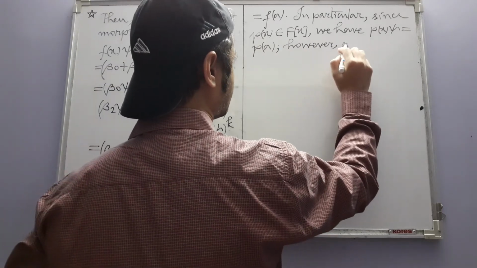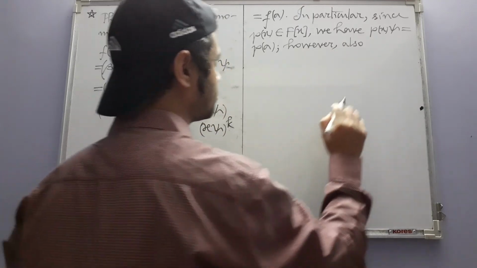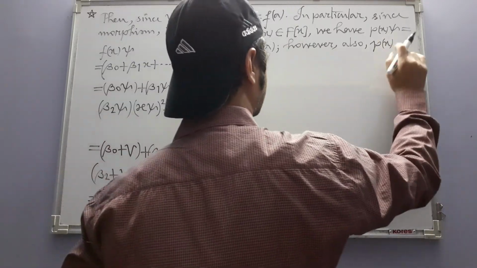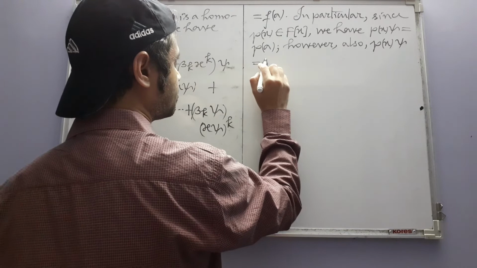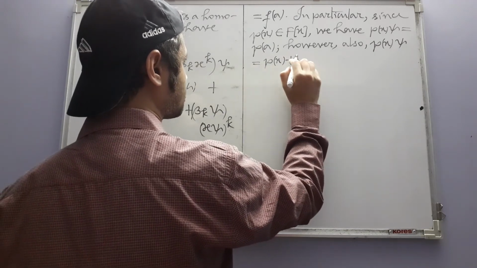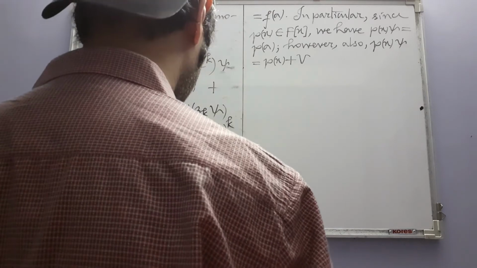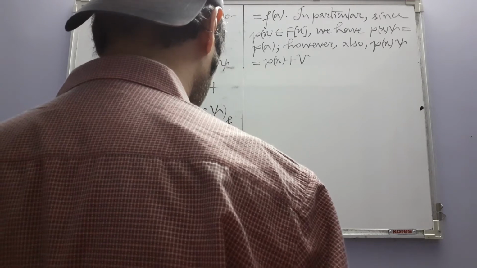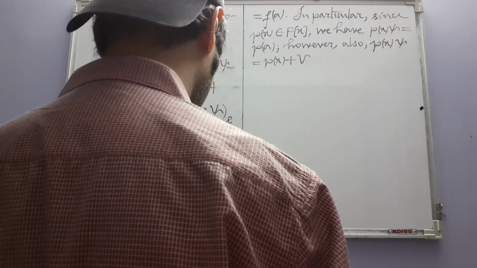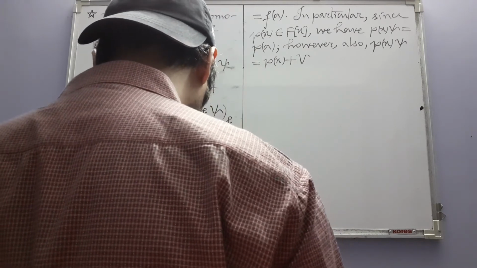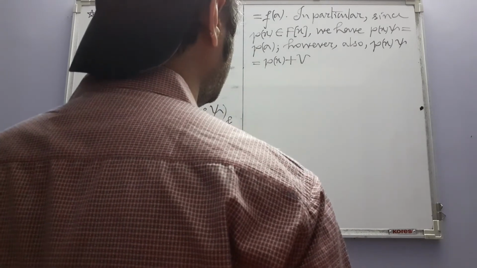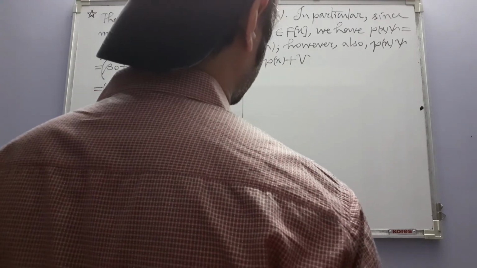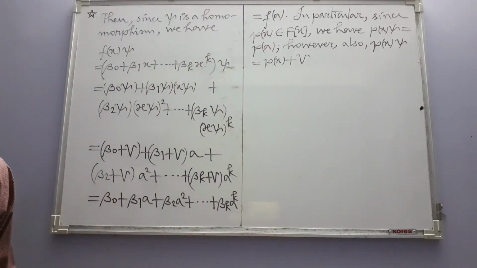However, also by the very definition of psi, p of x psi is equal to p of x plus v. So that means what? Oh, what have we written here? P of x psi belongs to p of x plus v. Okay. Now I have messed up the writing here a little bit.